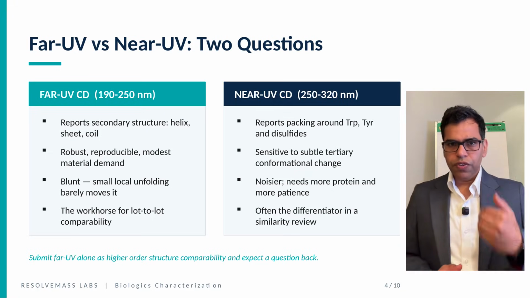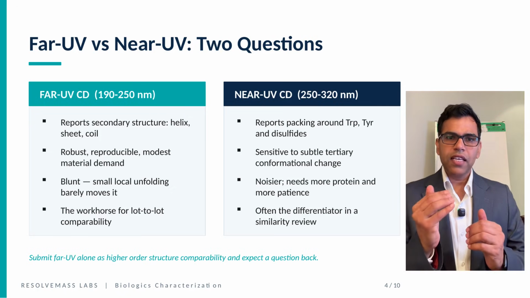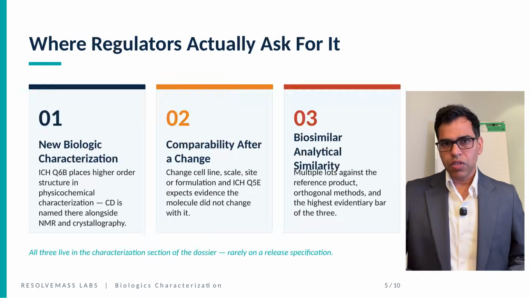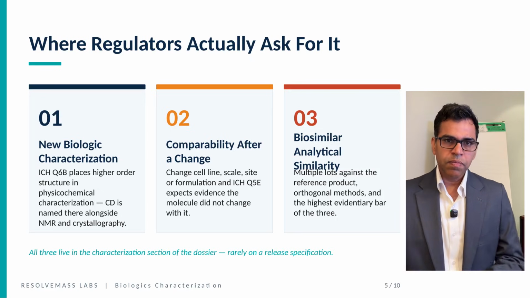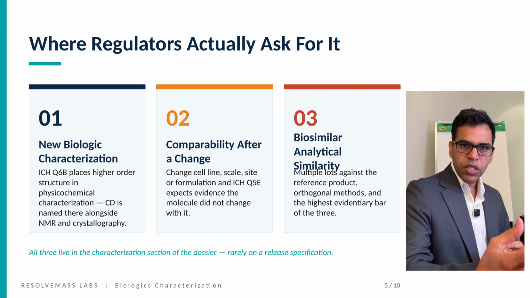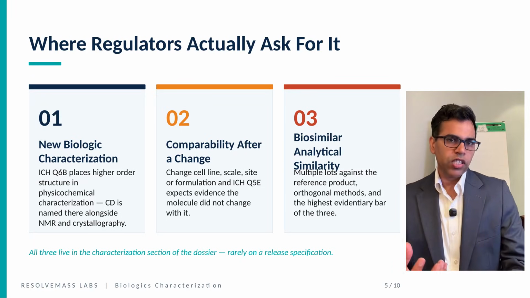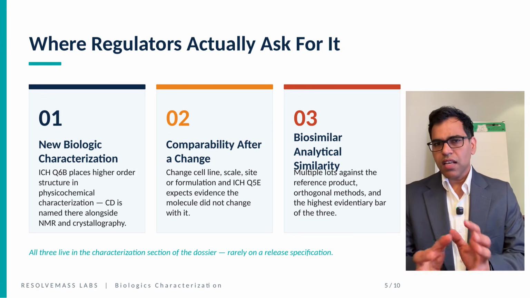Near UV, 250 to 320, is the sensitive one. It reports the packing around tryptophan, tyrosine, and disulfides. So it catches tertiary changes far UV misses. Submit only far UV, call it a higher order structure comparability, and you should expect a question back. The pair is the answer, neither one alone.